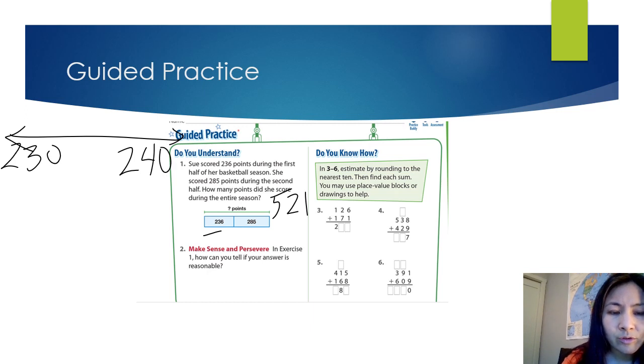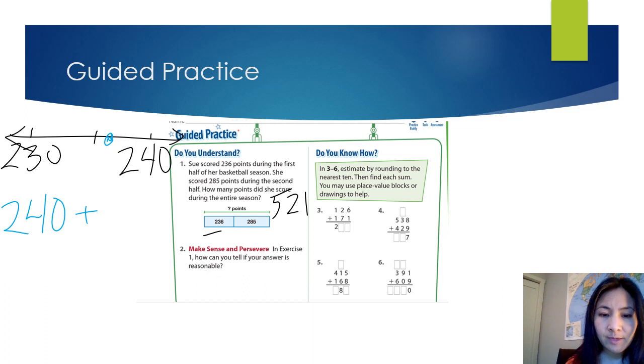Where would 236 be on the number line? Halfway would be 235, right? So 236 would be right about here, just to the right. So our estimate for 236, rounded to the nearest 10 anyway, is 240.